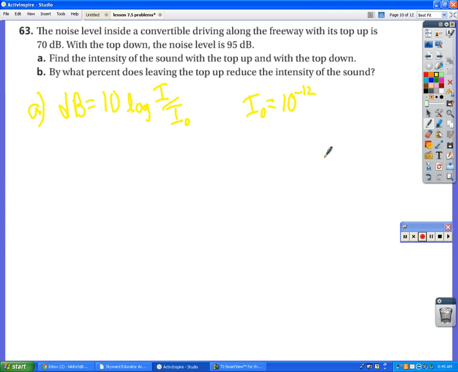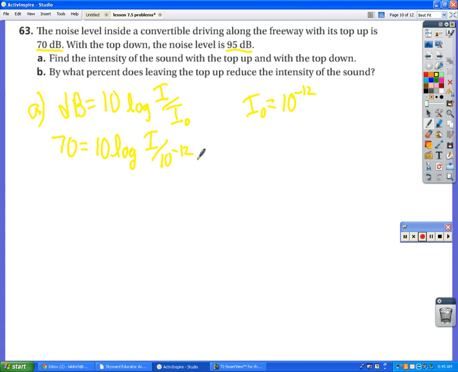Okay? So we're going to do this twice. Once for the 70 decibel sound and once for the 95 decibel sound. Are you ready? All right, so 70 equals 10 log I over 10 to the negative 12. And I is what we're trying to find. What do you want to do first?